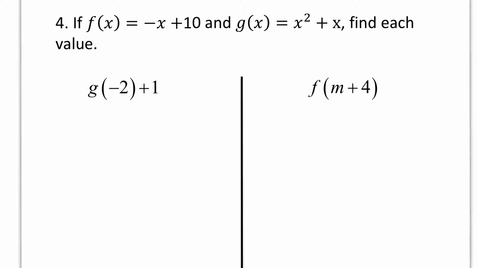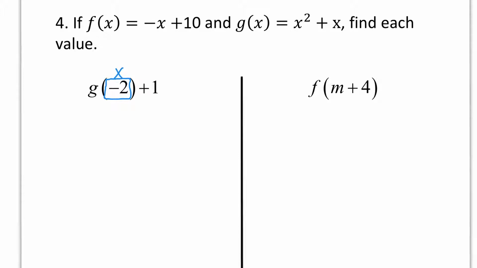When you look at your input, I'm looking at my function here, g of -2 plus 1. I'm going to have to use the function of g, which is right here. G of x equals x squared plus x. So I'm going to input the number inside of the parentheses. This is my x value or my input.